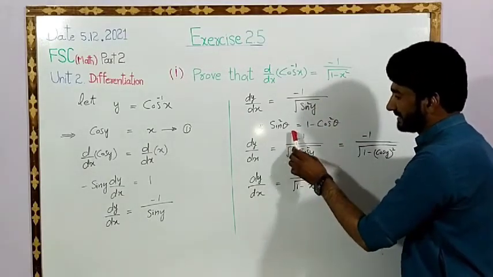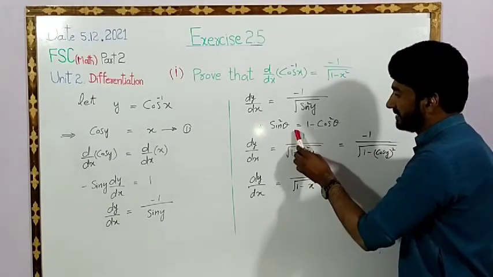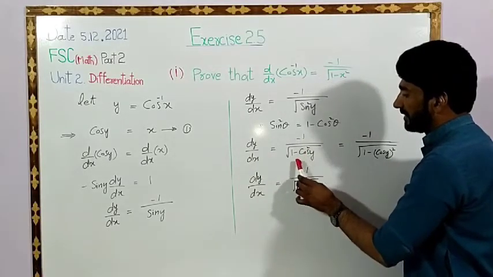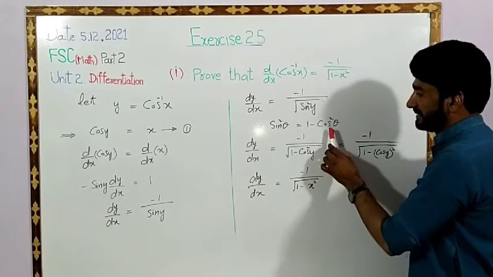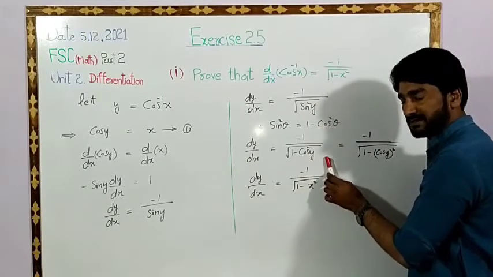Now we know that sin square theta is equal to 1 minus cos square theta, so this result can be used here. So dy over dx is equal to minus 1 over under root 1 minus cos square y, since sin square y can be written as 1 minus cos square y.